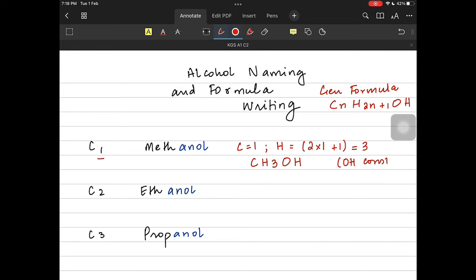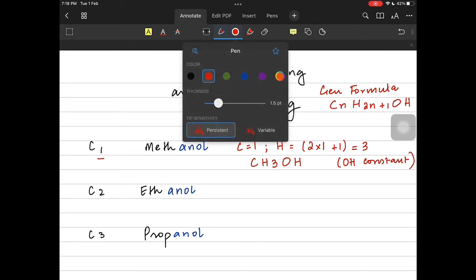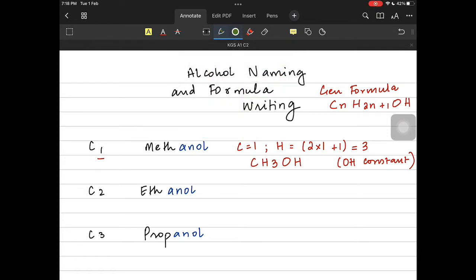Similarly, in the case of ethanol, carbon is equal to 2. So hydrogen, according to the general formula, has to be twice 2 plus 1, which is 5. So it becomes C2H5OH.